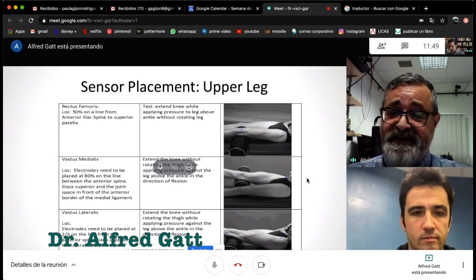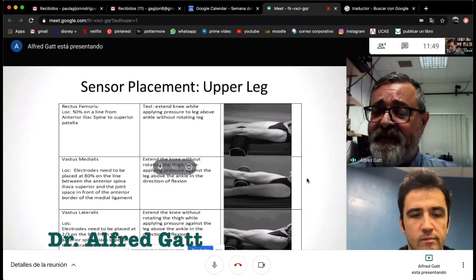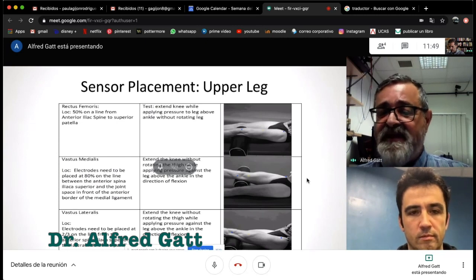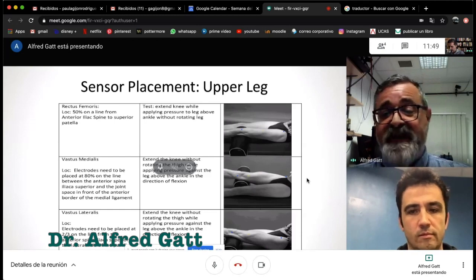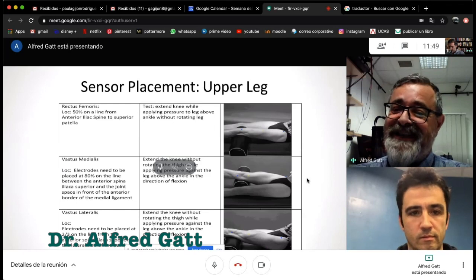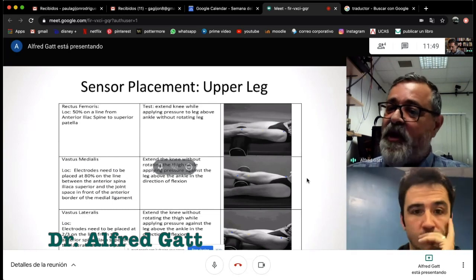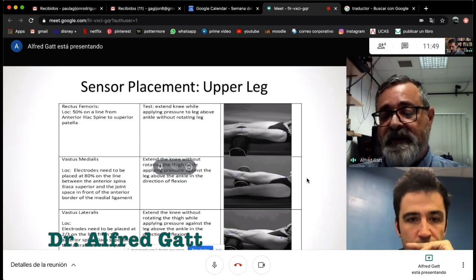For example, what we are seeing here are sensor placements on the upper leg, and these are derived from an organization known as SENIAM. So if anyone is interested in this, they can go to seniam.org, so that you will know exactly how and where to place your sensor, depending on what muscle or muscles you want to study.